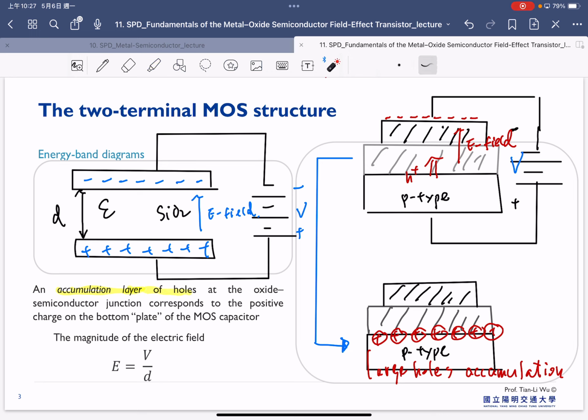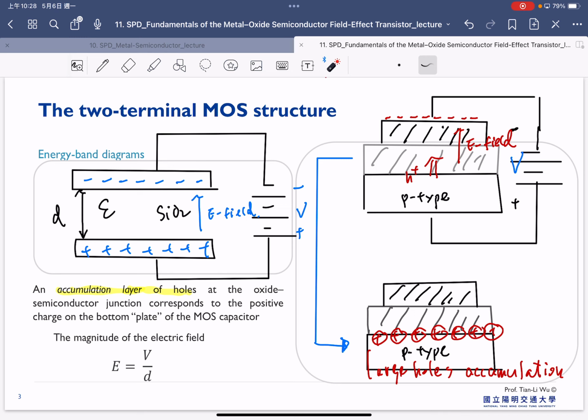So once we apply the negative bias here, we attract an accumulation of holes under the gate oxide. An accumulation of holes at the oxide-semiconductor junction corresponds to the positive charge on the bottom plate of the MOS capacitance. This is positive charge, and the electric field will be equal to our voltage over our oxide thickness here.